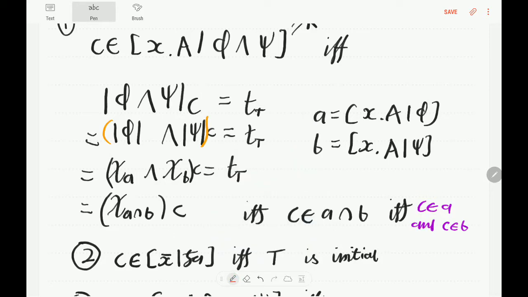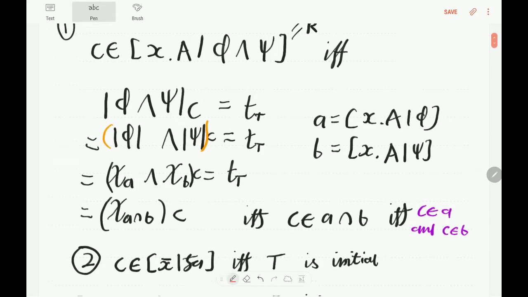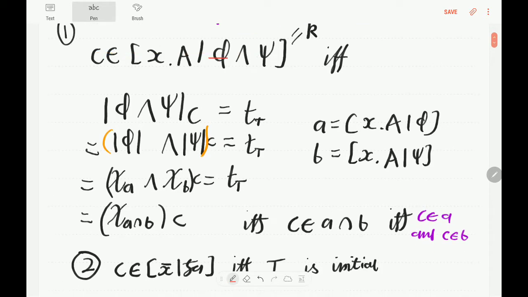So we've just got the proof as well. So basically the idea is that C is in this extension of phi and psi if and only if C is in the extension of phi and C is in the extension of psi.